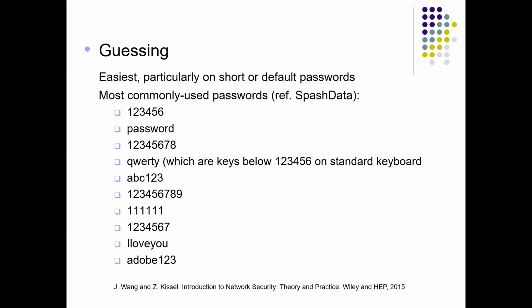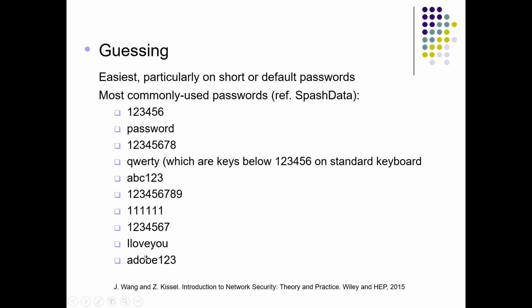Guessing is the easiest way to steal a password, to find out a user's password. For instance, the following is a survey of commonly used passwords. This was done a few years back.